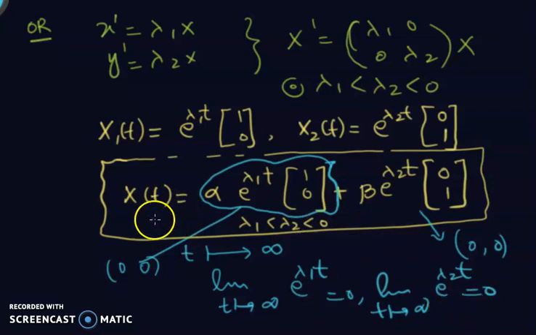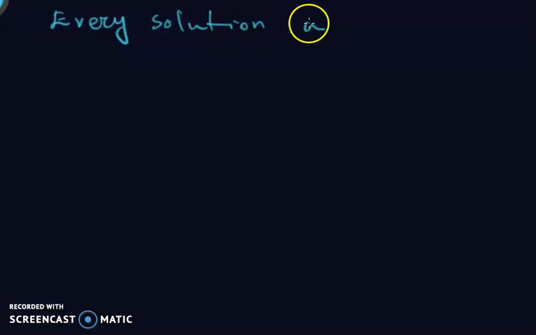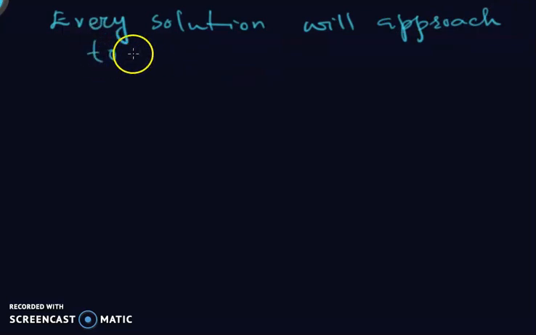That means x of t will ultimately converge to the origin, and we can conclude that every solution will approach (0,0).